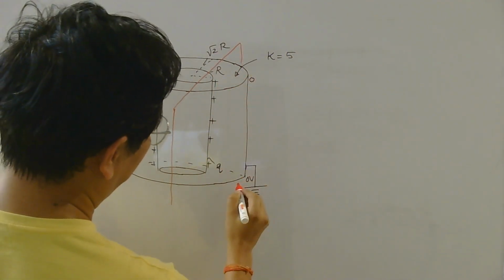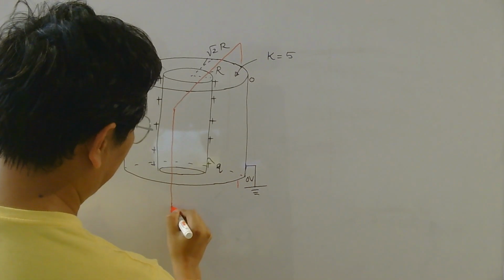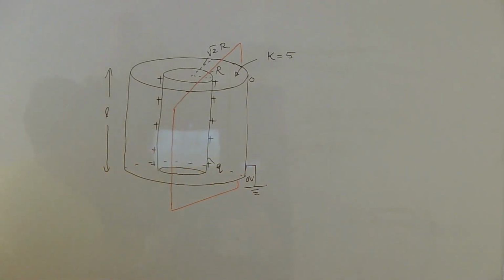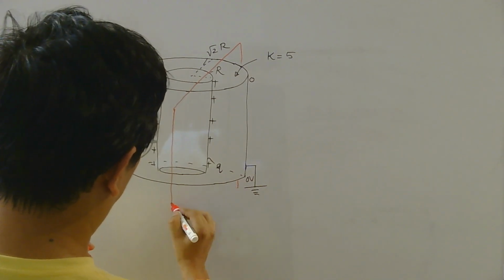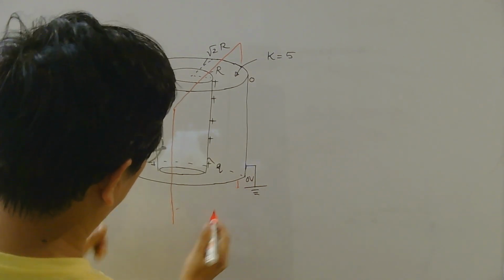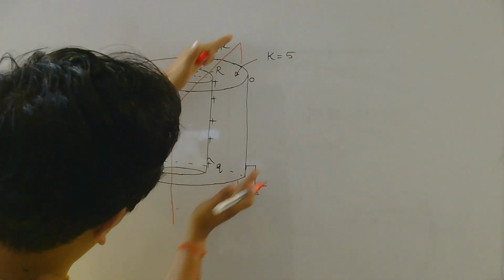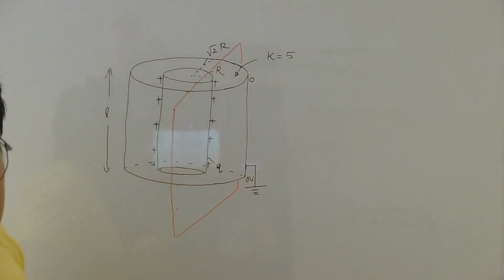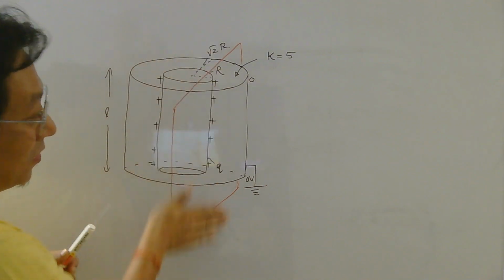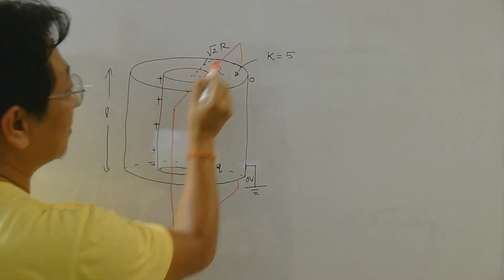This is behind, okay, and it is this surface. So through this surface we have to find the electric flux. Let me do it more properly, because these two sides I should show parallel, then only the 3D feeling will come, right? So we have to find electric flux through this surface.